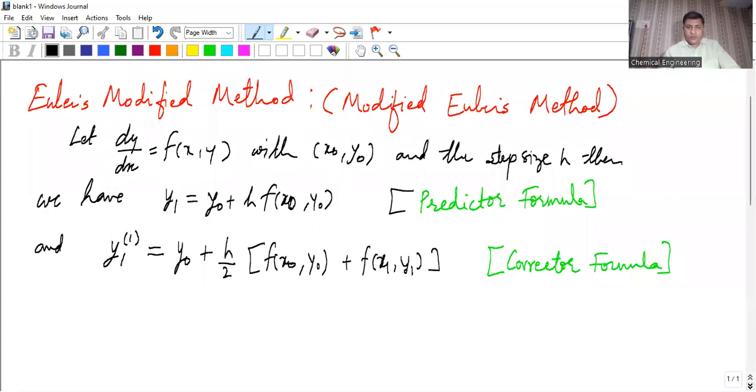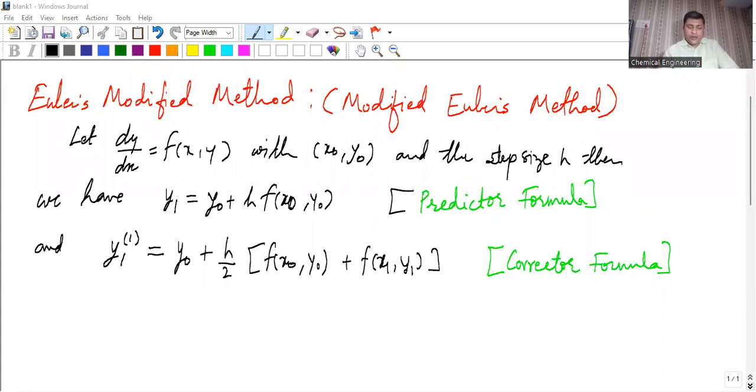Yes, sir. Okay, that's good. If your idea is clear, then we can try one example so that you can understand how this modified method works. Let us try only one step, and then we'll go to more than one step.